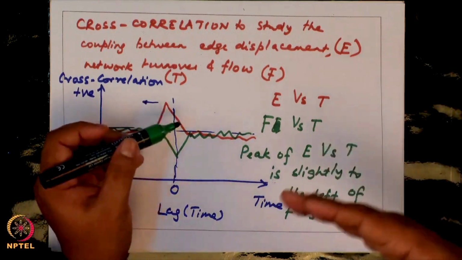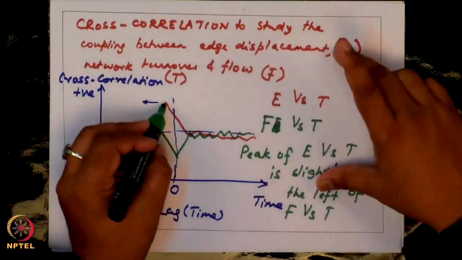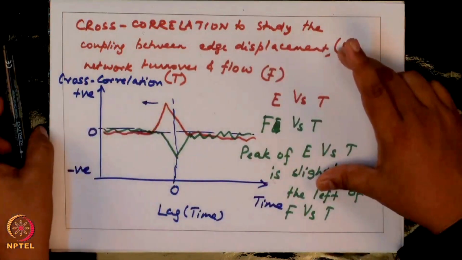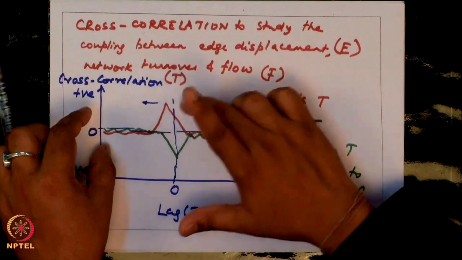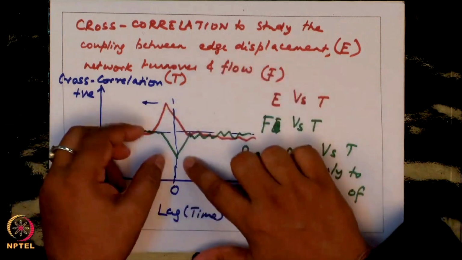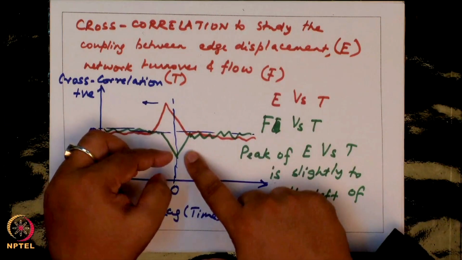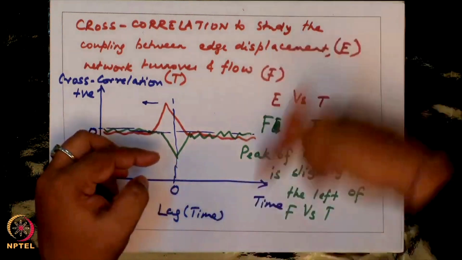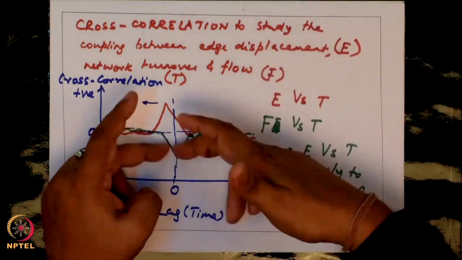This suggests that if I imagine the sequence of events happening temporally, there is a polymerization event, which would mean turnover. That polymerization event is first pushing the membrane, or in other words edge displacement is positive. So, you have this positive correlation in the red curve. Immediately after that there is a negative correlation between F versus T. So turnover is positive, so you have a polymerization event, and flow is negative, which means that there is retrograde flow.